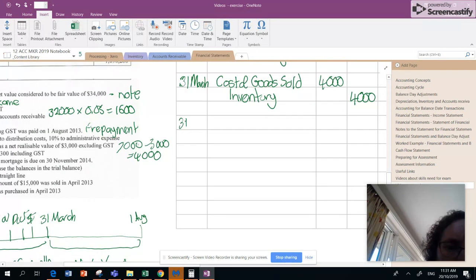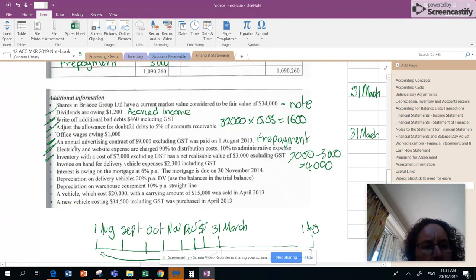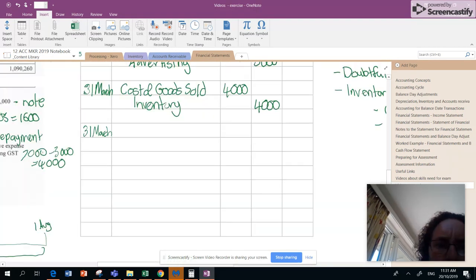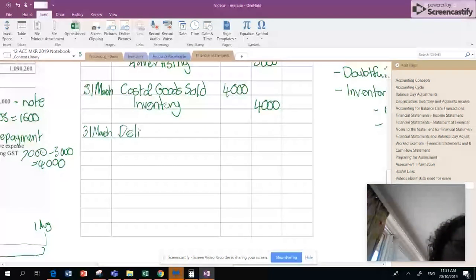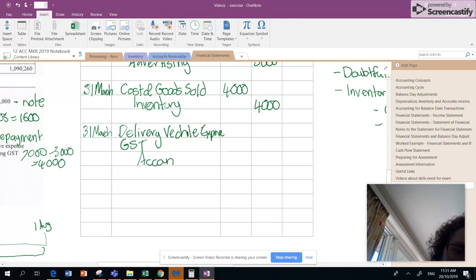So that means that we need to increase delivery vehicle expense, and it'll have GST and the credit will be accounts payable.